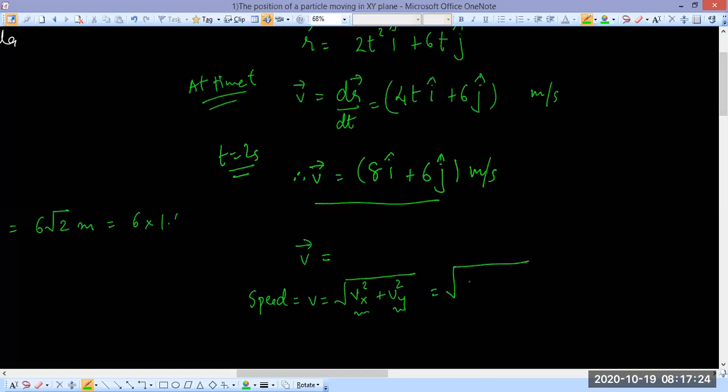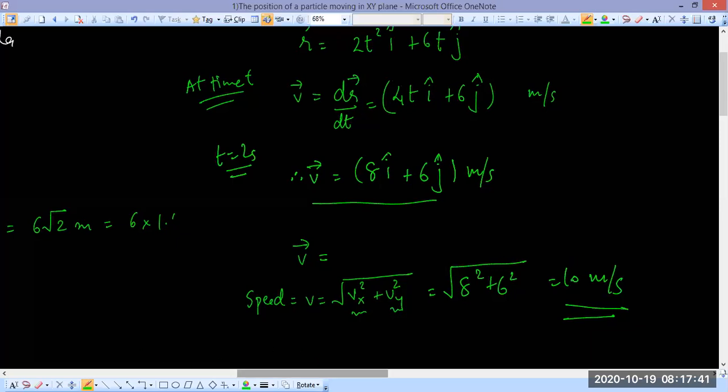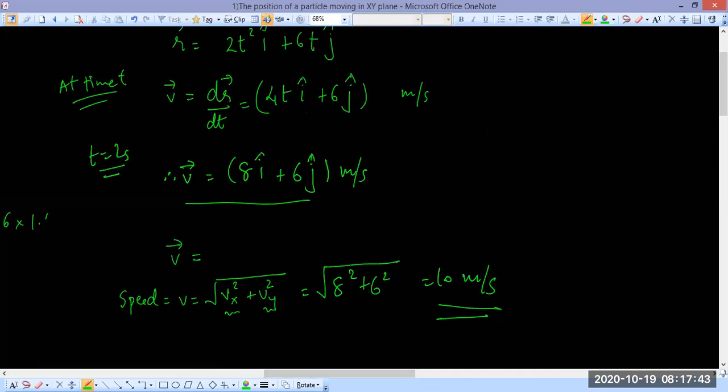It's going to be under root 8 square plus 6 square, so that is 10 meter per second. That is your final answer.